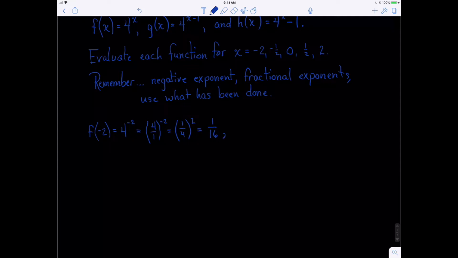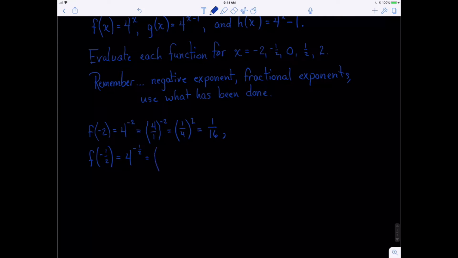Okay, let's try another one. We'll just go along this horizontally here. I'm going to put this one over, this one might take a bit. f of minus 1/2. So this becomes 4 raised to the minus 1/2. So again, we're going to need to remember that 4 is 4 over 1.